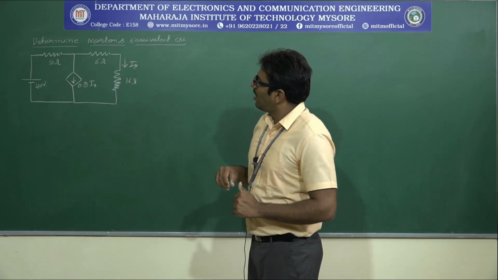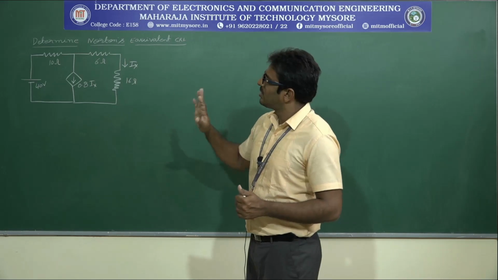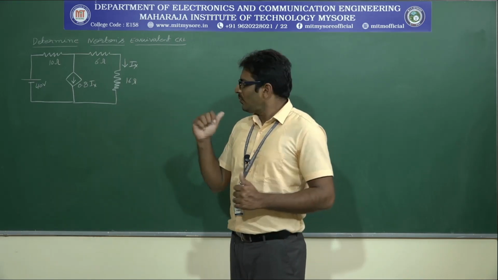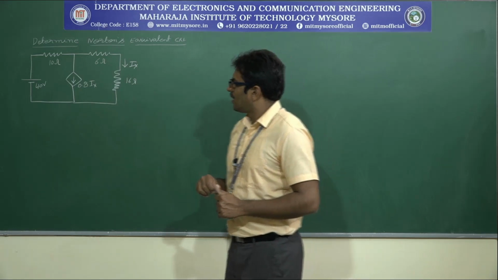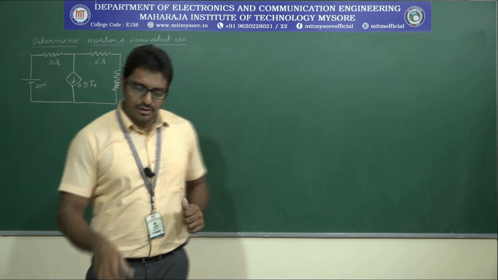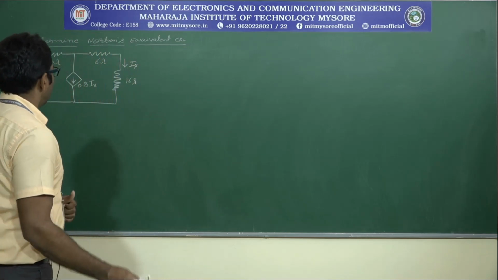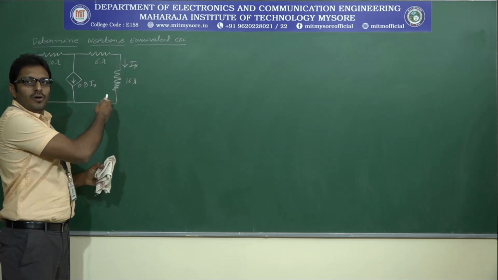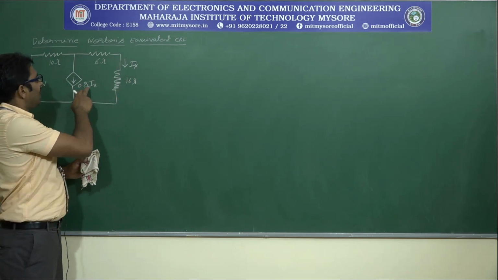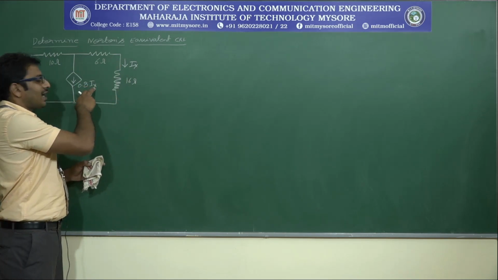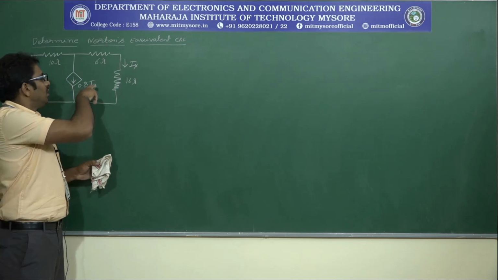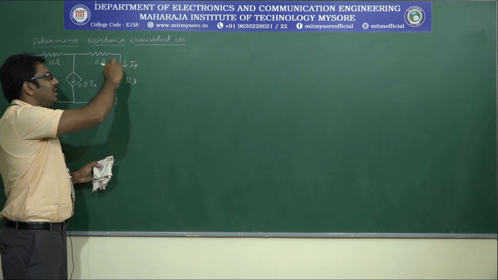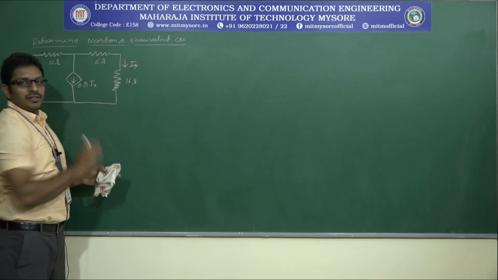I will explain how to find R naught if any circuit consists of a dependent source by using Thevenin's or Norton's theorem. In order to find Norton's equivalent circuit, what is the first step? Say Ix is the current through the load. This 0.8 Ix means this is a current dependent current source. Which current does it depend on? The current through the load is denoted by Ix, so it is the load current dependent current source.